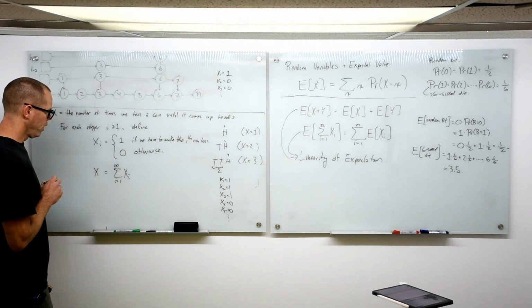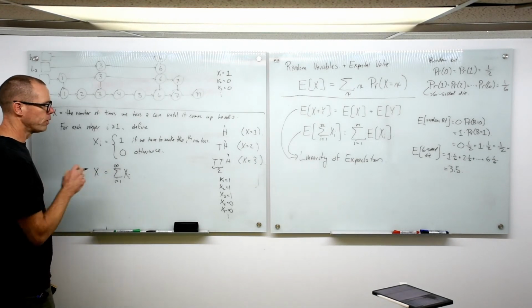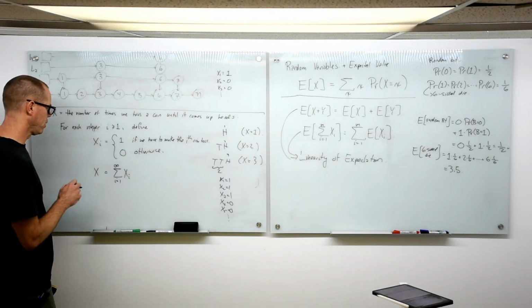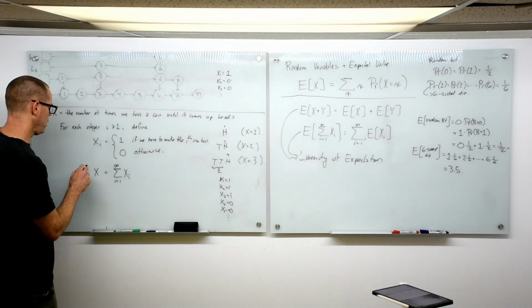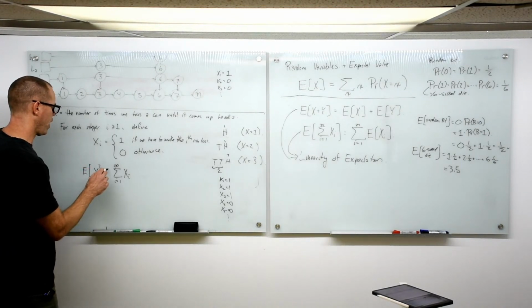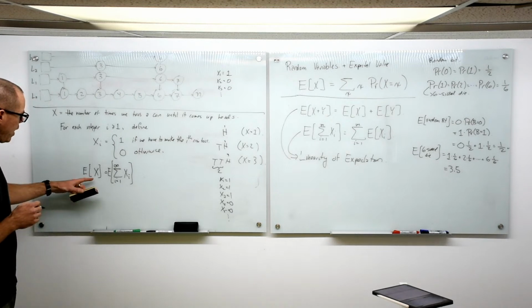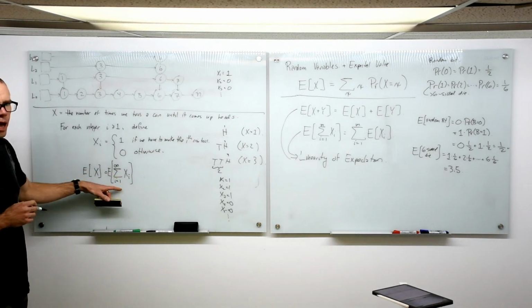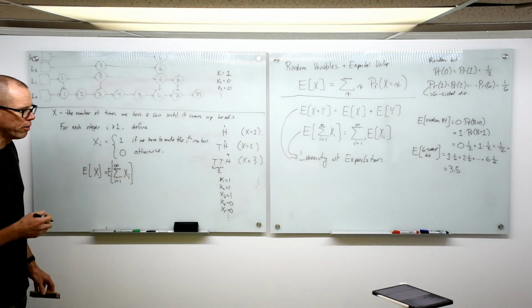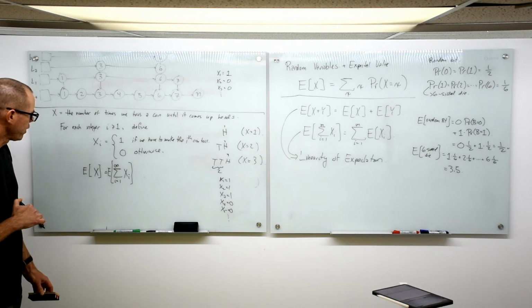So that's good. Now, if x is equal to the sum of these things, that just means the expected value of x equals the expected value of this, right? That's nothing weird there.